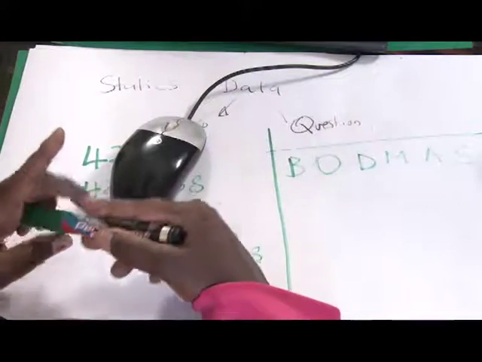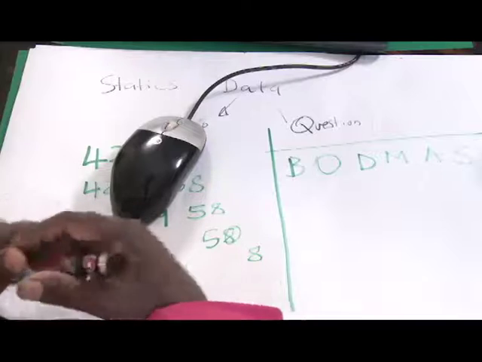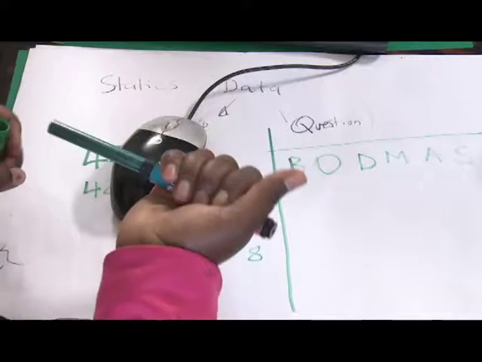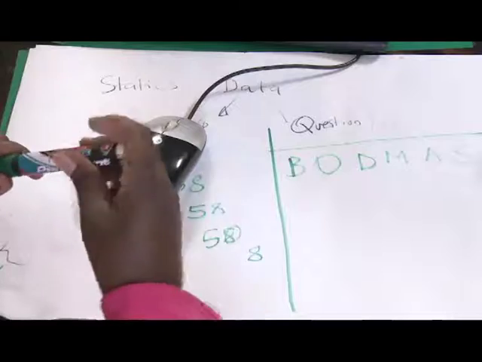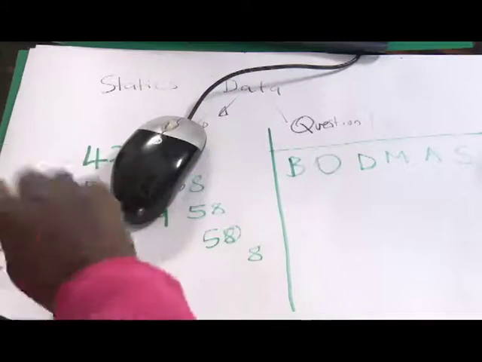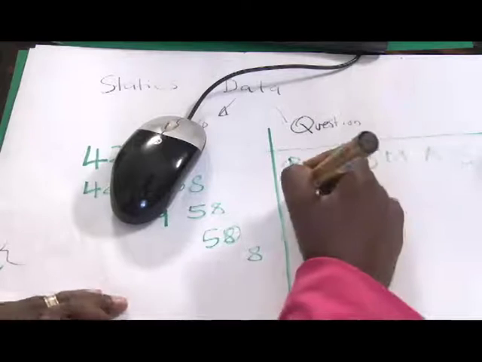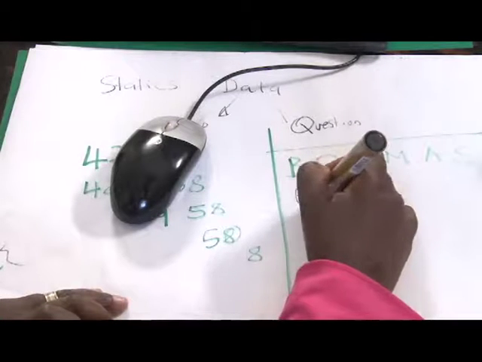When you are given a number like this and you are told, let's say, for example, we have a number here. Let's take this example.